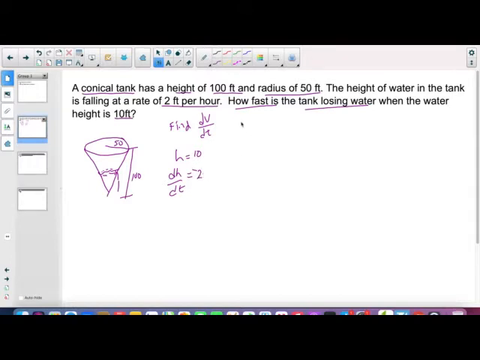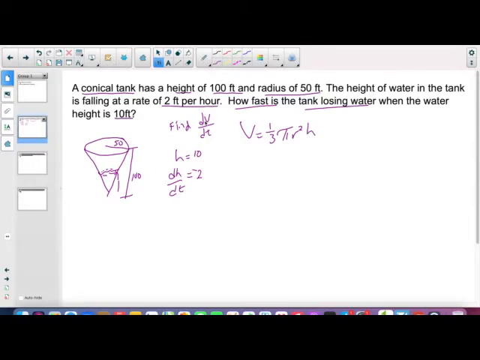The volume of a cone is 1/3 pi r squared h. We know we want to find dV over dt. When we first look at this problem, it's very tempting to go ahead and take the derivative implicitly. On this side, we've got an r squared and an h, so we've got basically 3 variables in this problem: volume, radius, and height.